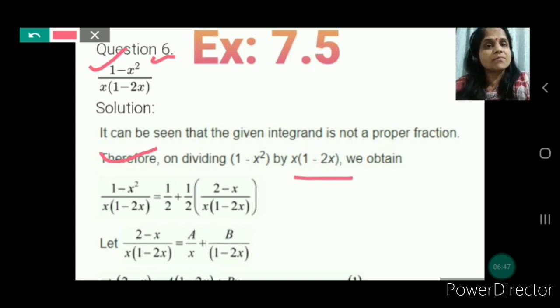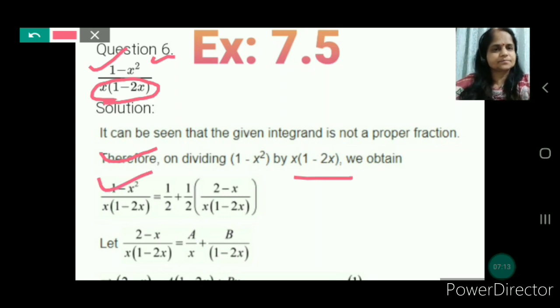Whenever the power of x in the numerator is greater than or equal to the power of x in the denominator, first you have to divide the numerator by the denominator. Always keep this in mind. So when you divide the numerator 1 minus x square by the denominator x into (1 minus 2x), you will get this term.